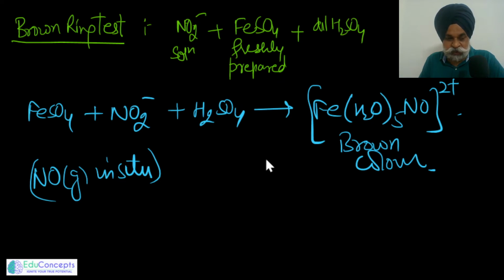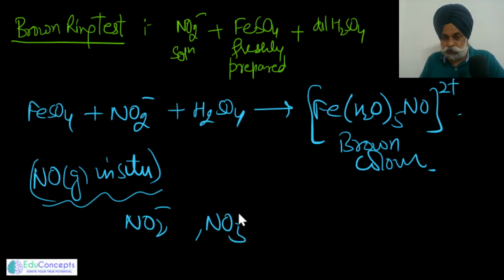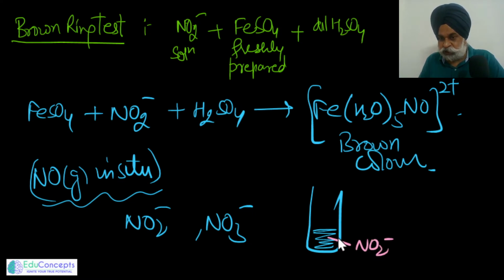So how is it being done? How this is produced in situ, you should not focus on. Here you only have to remember that there are two anions, nitrite and nitrate. Both can be detected with the brown ring test. You take a solution, this is a nitrite solution.